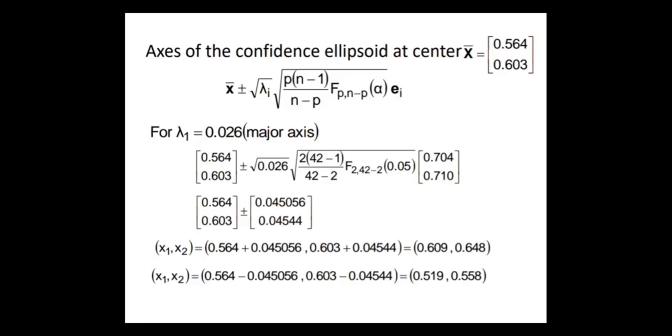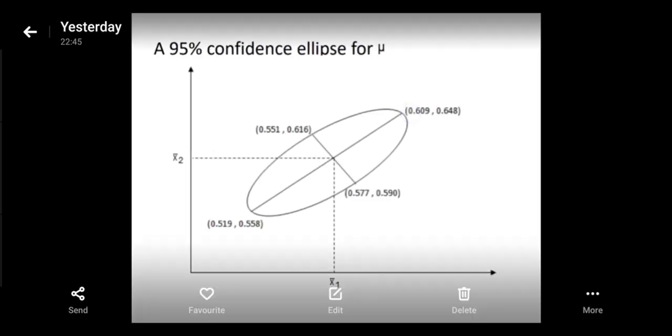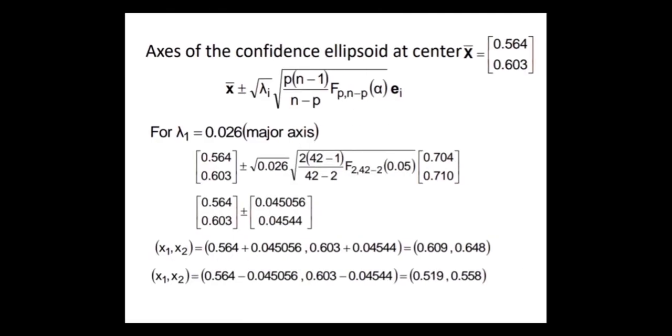Another coordinate is 0.519 and 0.558, in here and here. Okay, this is the major axis, because here we make two coordinates.